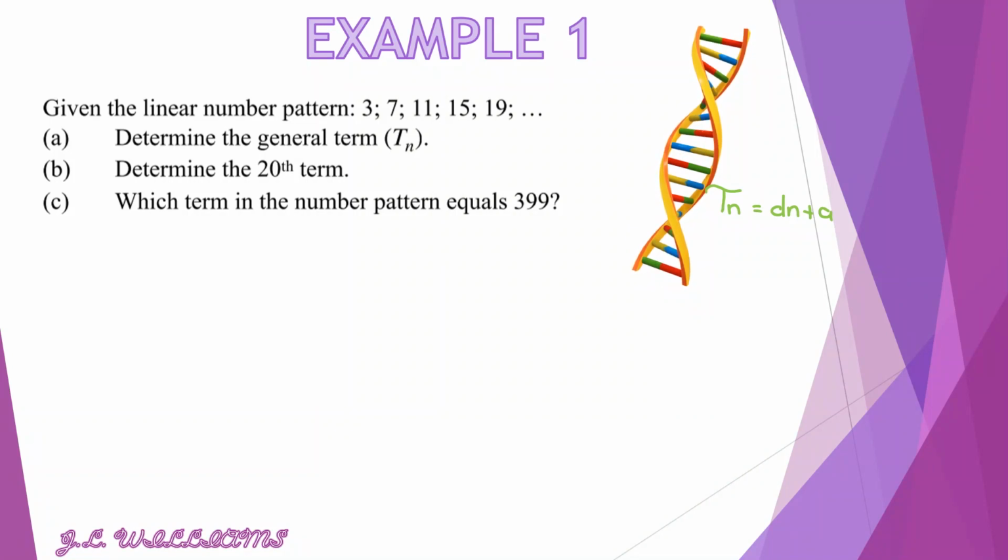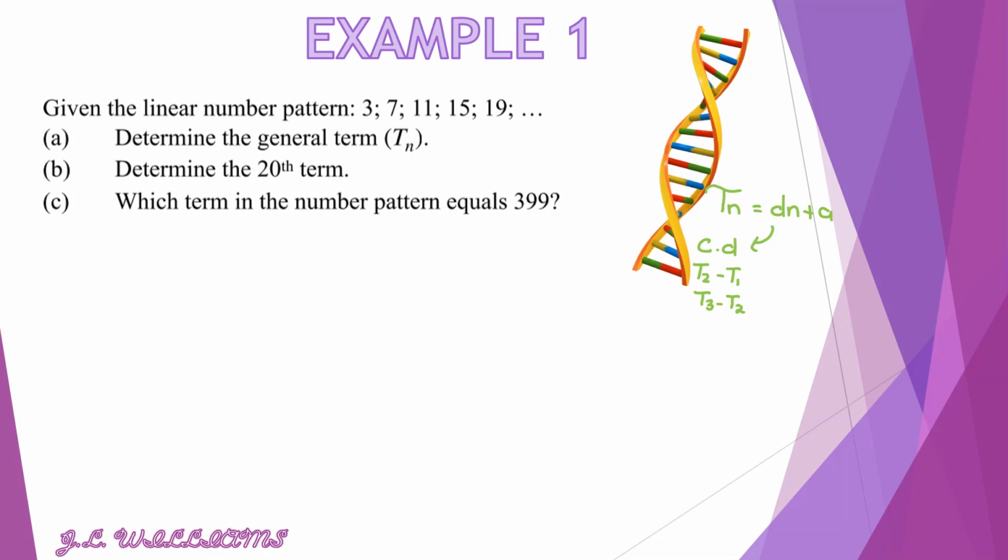If you want your general sequence, you just need to know your constant difference, which we get when we say term 2 minus term 1 or term 3 minus term 2. We just figure out what was added or subtracted from one term to get to the following term.